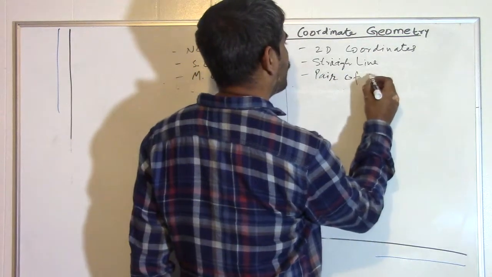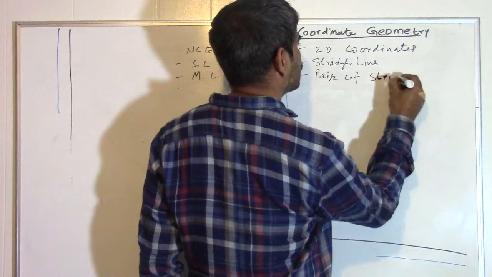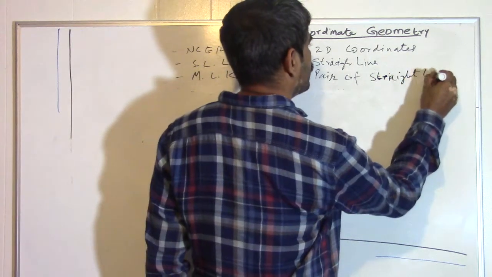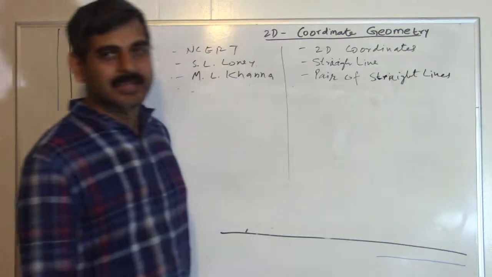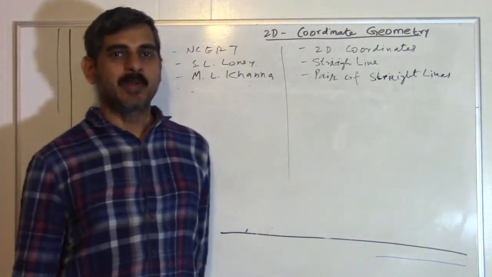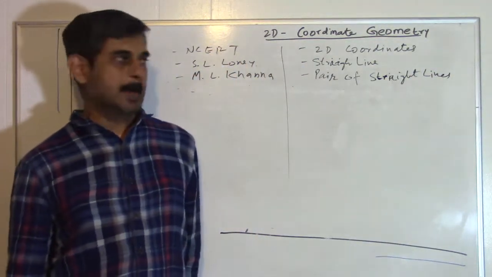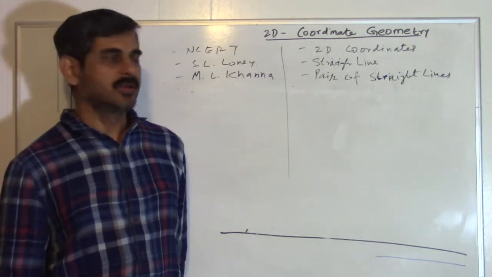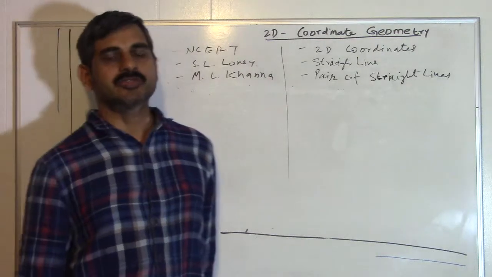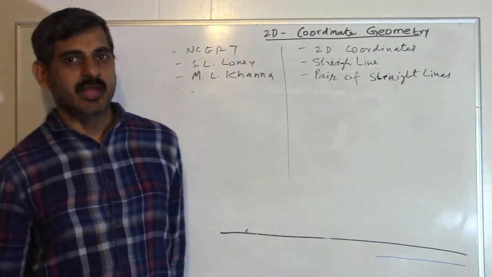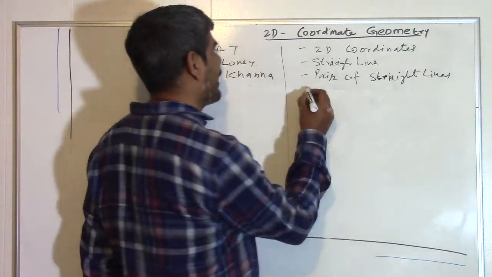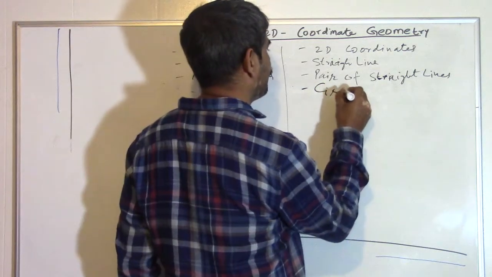There is a chapter on pair of straight lines, which is not part of the IIT syllabus, but it's part of many board exams, and it helps if you understand pair of straight lines in later chapters. My suggestion will be to go through this as well, even if briefly, even if you are preparing for IIT.